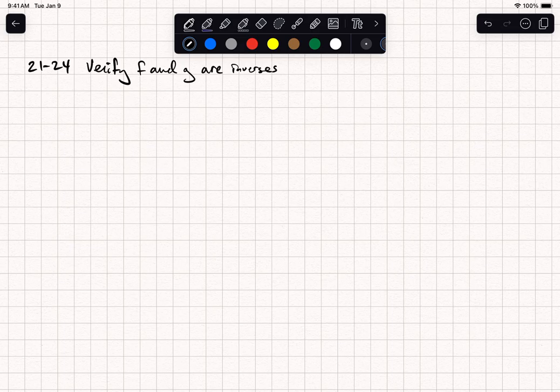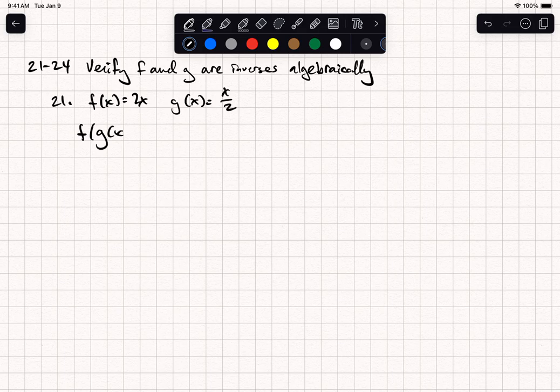For 21 through 24, I'm going to verify that f and g are inverses. For this set, I'm going to choose to do it algebraically. For 21, f of x is 2x, and g of x is x over 2. So I'm going to verify that f of g of x equals x, and g of f of x equals x.